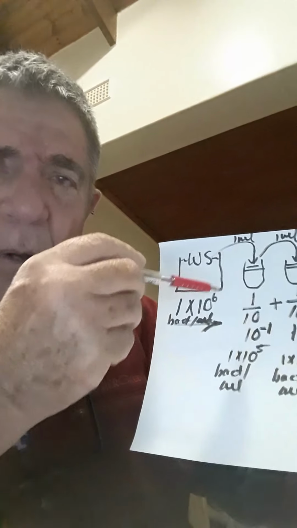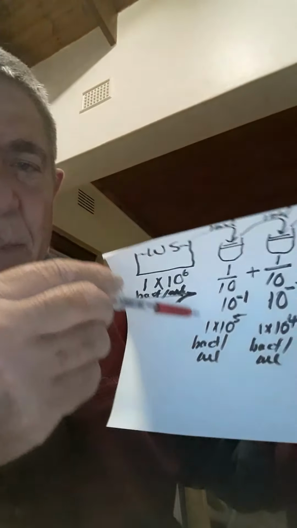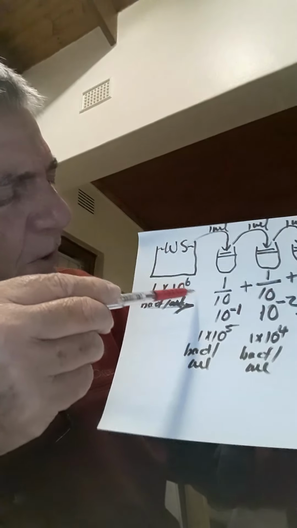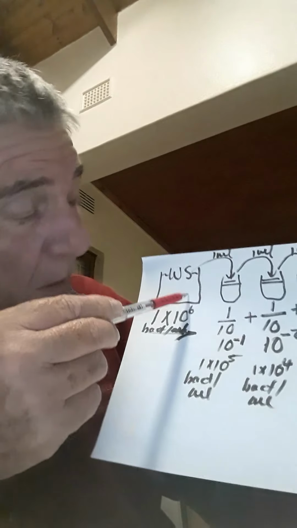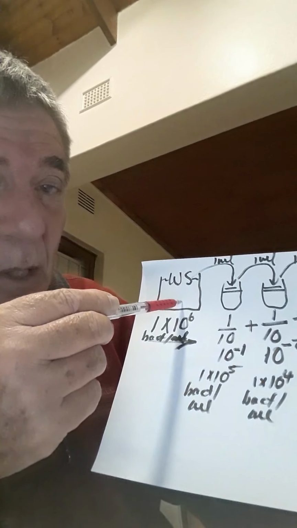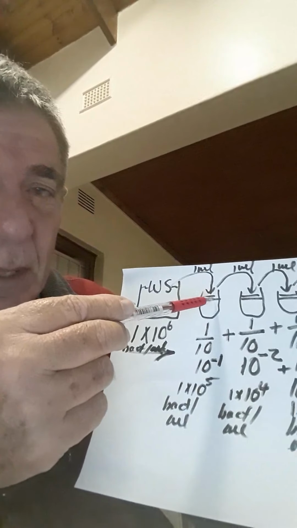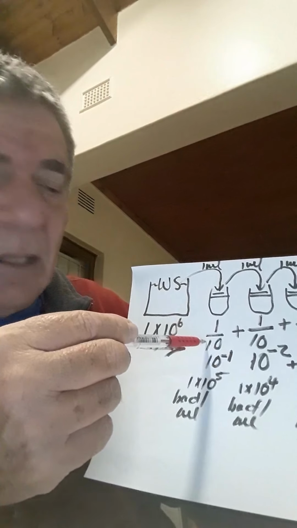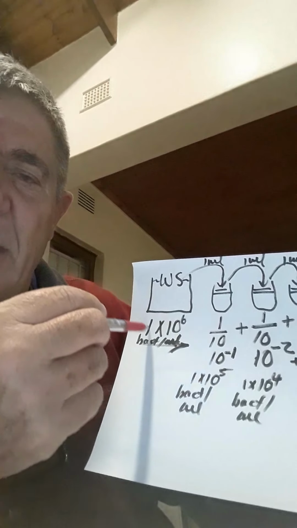I said no, I cannot count 1 million bacteria on this sample. If I've got 1 million bacteria per ml, remember this bacteria is per ml in this water sample. If I take 1 ml, it's a 1 in 10 dilution. What is 1/10 of 1 million?